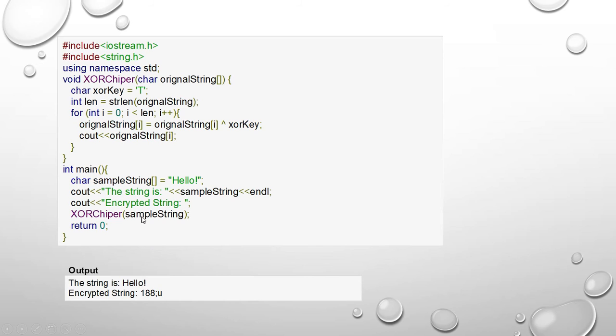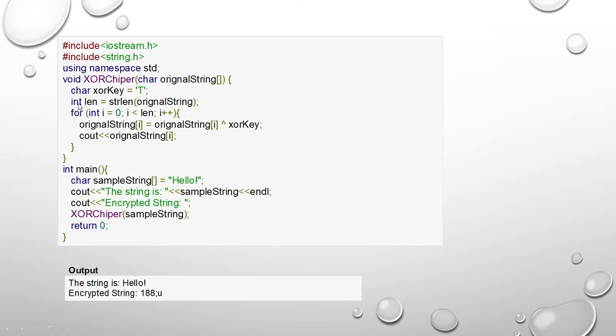From here it moves to this function, where the sample string is passed with the new name original string. Inside original string the same value, hello exclamation mark, is there. That means in this program we are using some text along with punctuation or symbols.